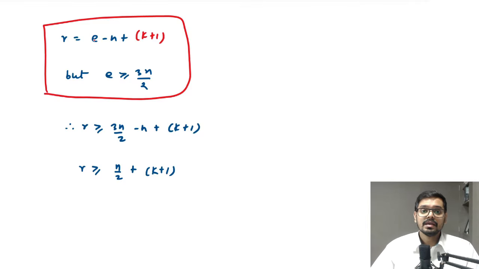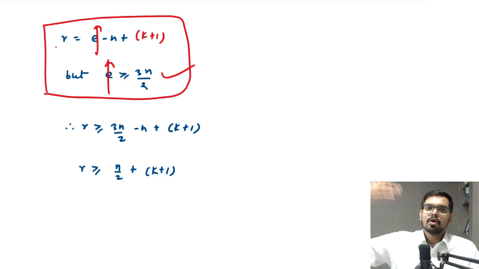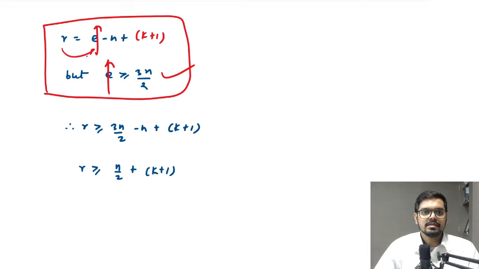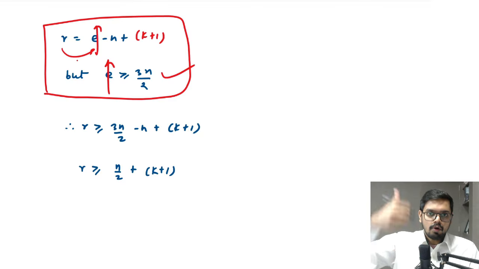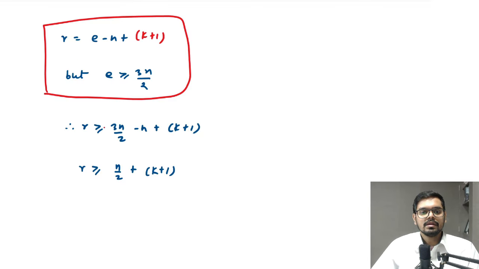But here E is greater than or equal to 3N by 2, and if E increases, then definitely R will also increase, because R is equal to this expression. Therefore R is greater than or equal to the value if you substitute E as 3N by 2. Easily understood? If understood, now do the calculation.